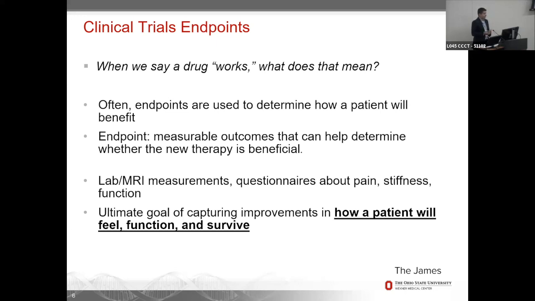Because the bottom line is you want to know if this is working for people, and that's our clinical trial endpoints. For TGCT, you're looking at laboratory measurements, MRI measurements, but also questionnaires about symptoms, right? You're looking at pain, stiffness, function, and at the end you want to see how patients will feel, function, and survive.